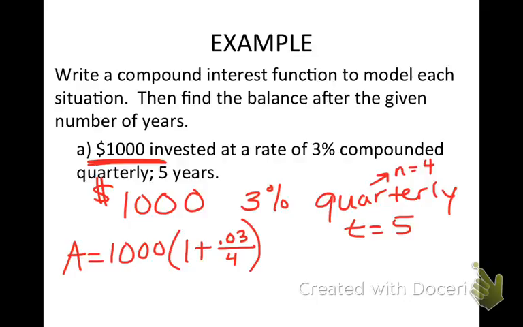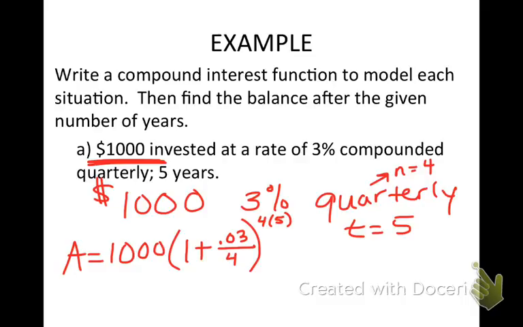If it says quarterly, then your n is 4. To the power of 4 times 5, which would be the 20th, because we're technically adding interest 20 times. If it's happening for 5 years, 4 times a year, you're getting the interest added in 20 times. That's why it's n times t.